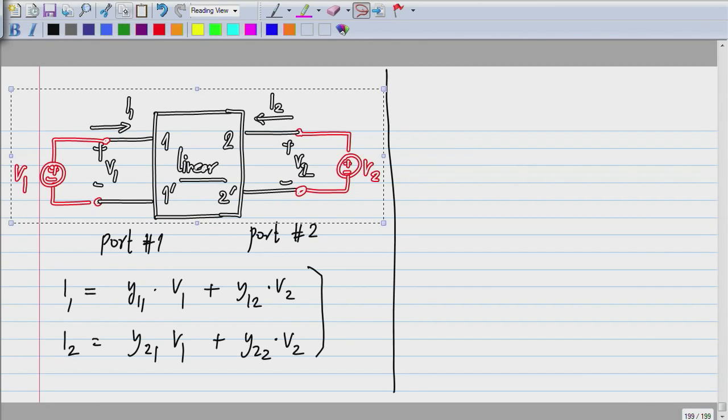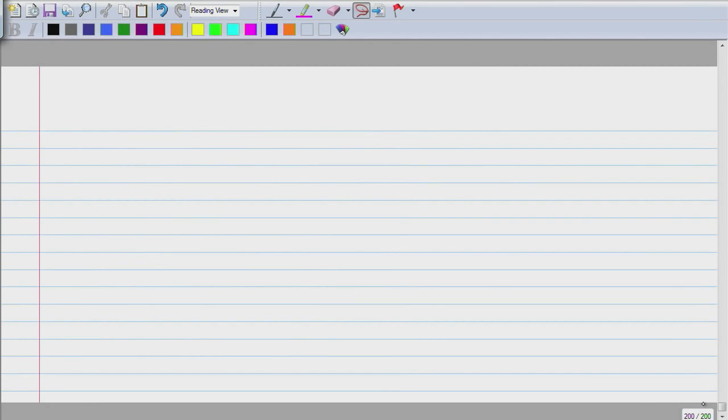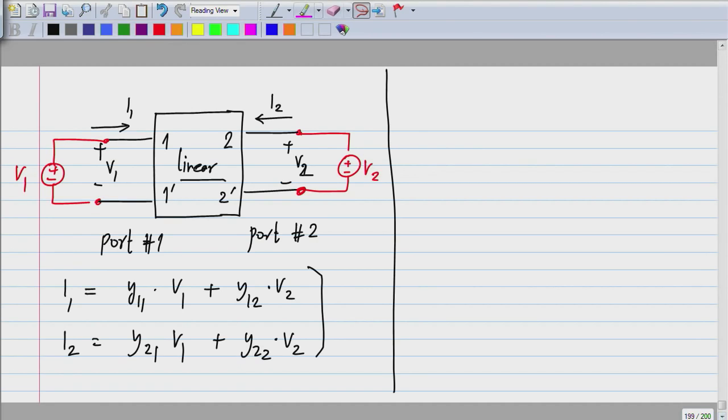You can think of this as superposition of two cases, one where V1 is 0 and the other where V2 is 0. If V2 is 0, both these currents will be proportional to V1, so we will get this part. And if V1 is 0, both of these currents will be proportional to V2. We will get that part. And if you have both of them non-zero, then you get the sum of the two.